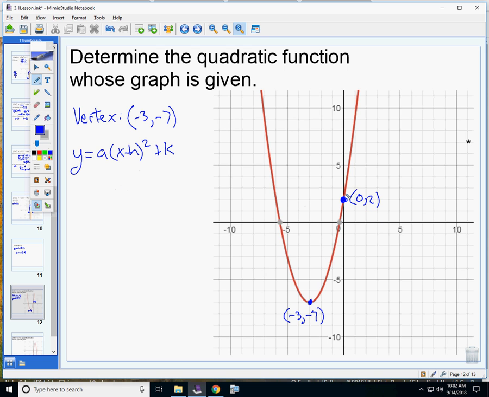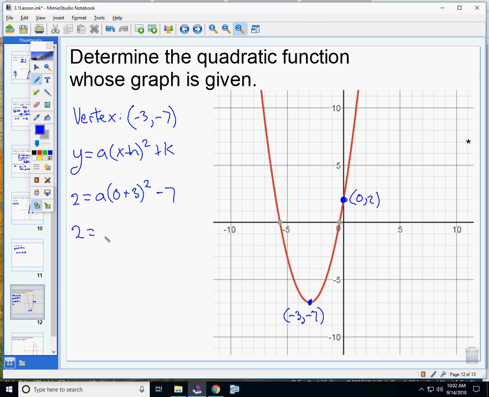Now I can plug these points in to my equation. Y is 2, a I don't know, x is 0, h is -3, and k is -7. Now I can just solve for a. So I take 0 plus 3, that's 3.